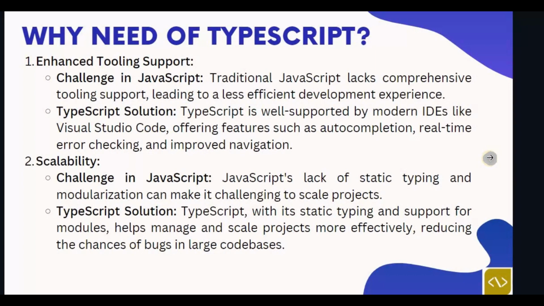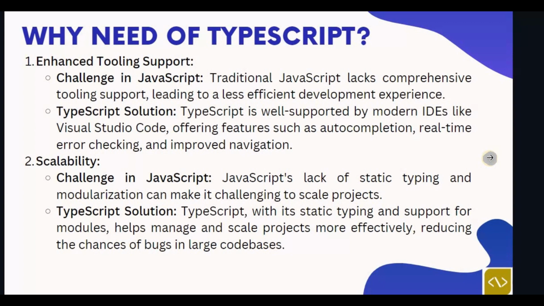That means in later videos we will see that while you are writing code, if you mistype any variable, or try to assign a string to a number, you will get an early error that you are mismatching a variable type.